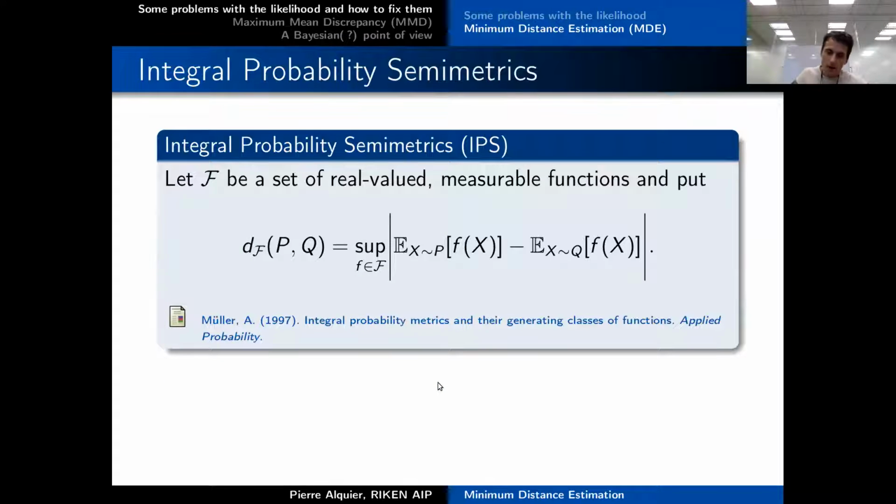So today I will focus mostly on this type of distances, integral probability metrics, well, semimetrics in general, but actually I will focus on the metric case.